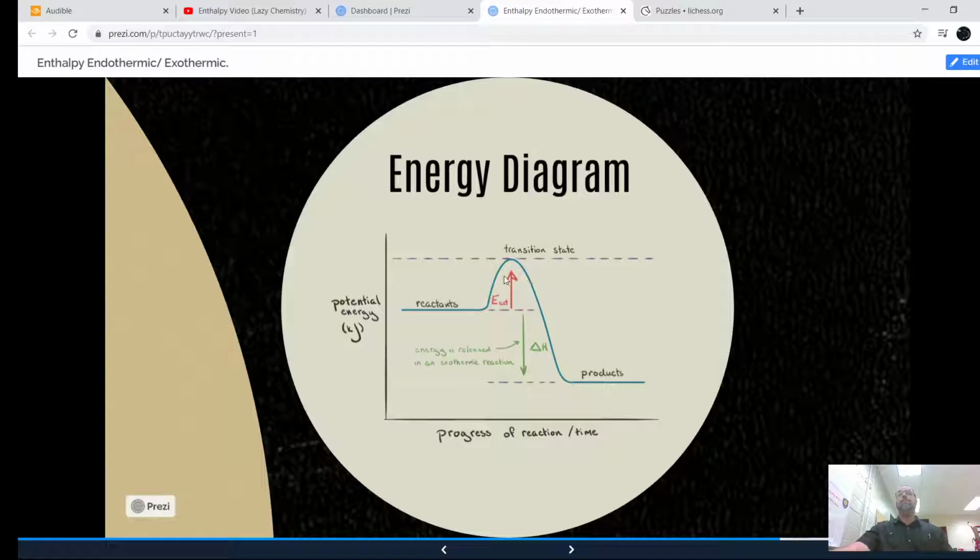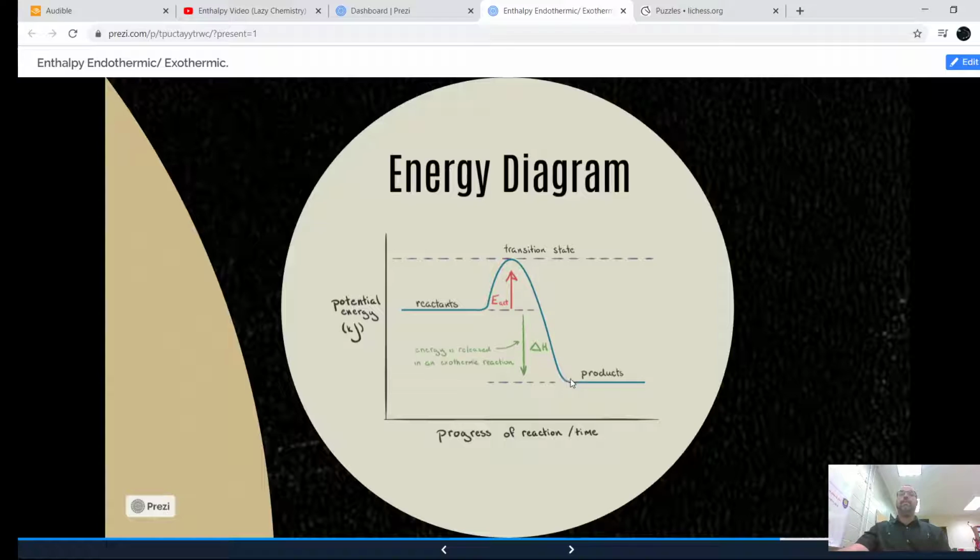It goes up because of activation energy, okay? Nearly every reaction is going to have some sort of activation energy, and that's the energy to get the reaction started. An exothermic reaction will go to a transition state, depending on the reaction.